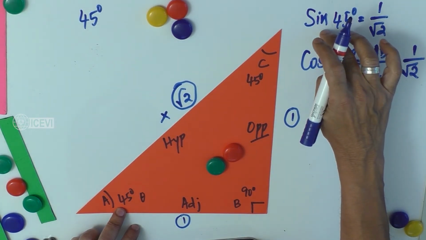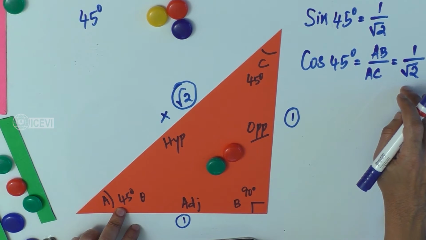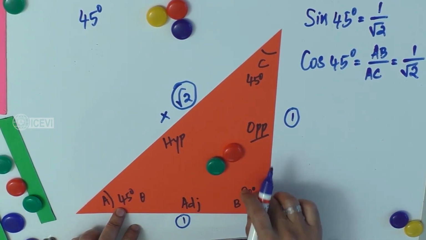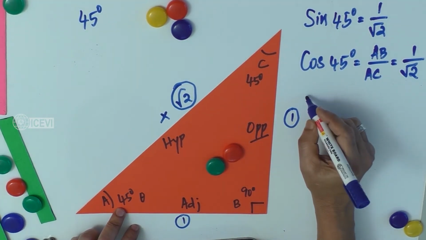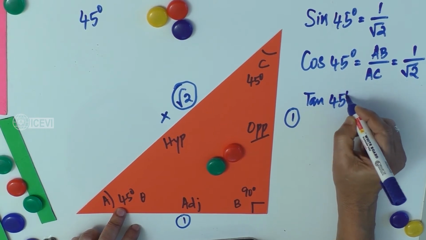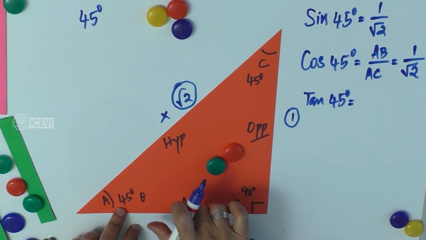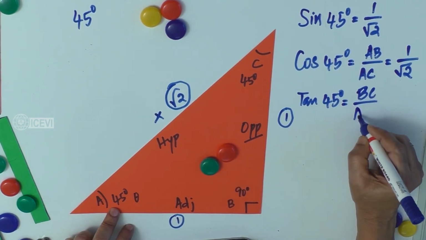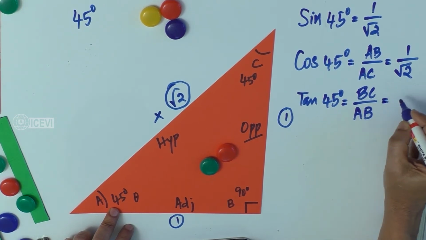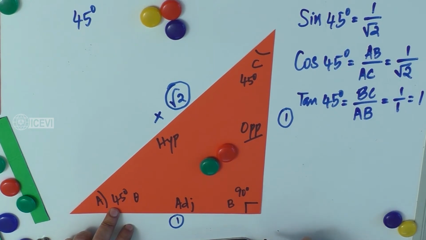You can notice that sine 45 degrees and cos 45 degrees are same because the two sides AB and BC are same. Now let us take tangent 45 degrees, tan 45 degrees. What is tan? Opposite by adjacent, that is BC divided by AB. So that is nothing but 1 by 1, that is 1.